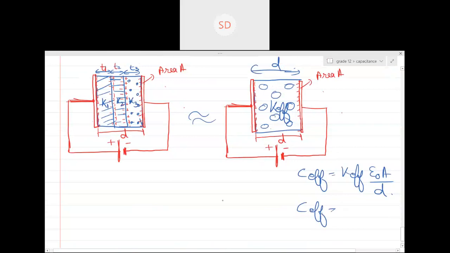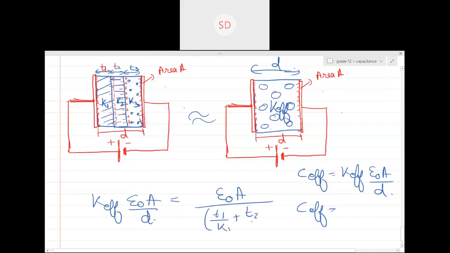So we just did this: epsilon naught A by D into K effective should be equal to epsilon naught A by T1 by K1 plus T2 by K2 plus T3 by K3, right? Was this the question?